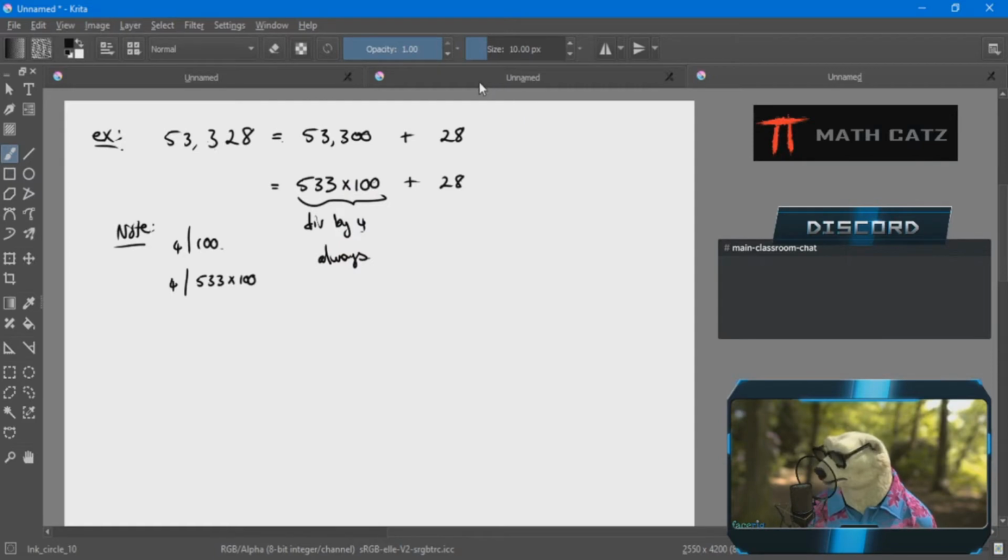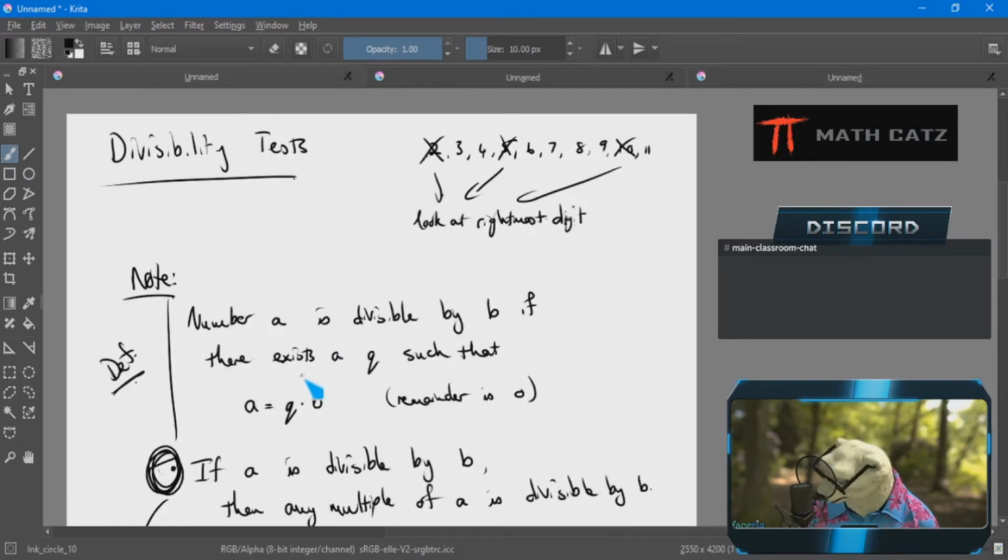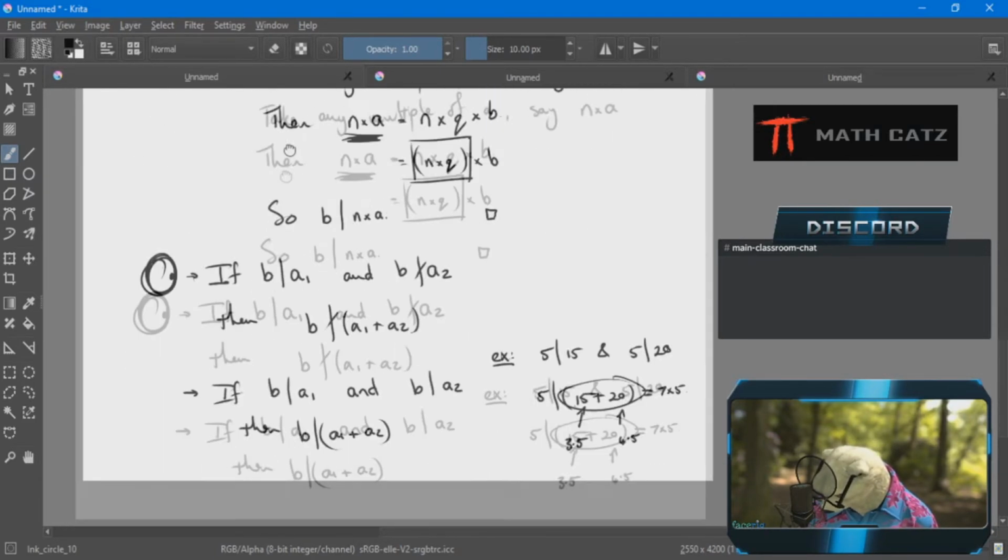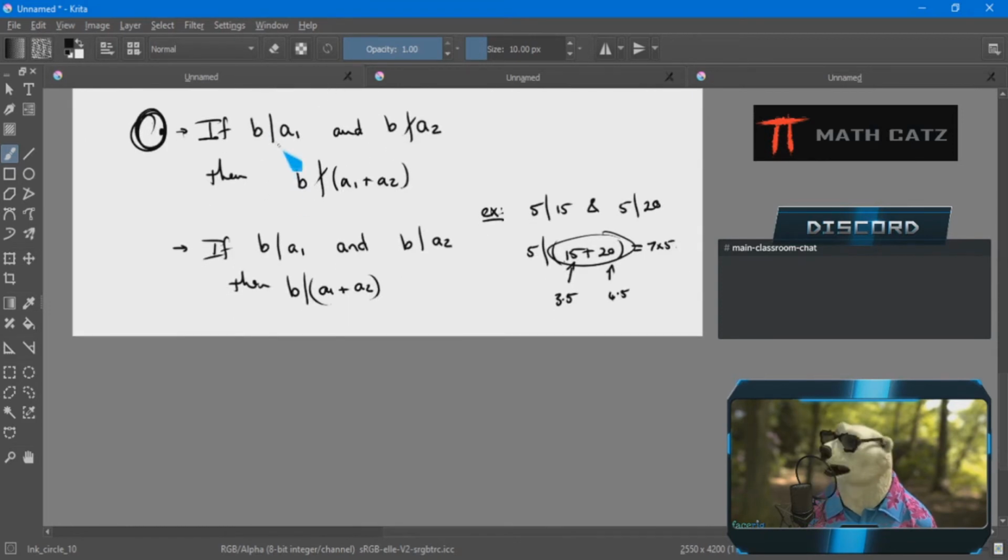So now I have a situation like the bottom property, where I have divisibility with my first number. When I add them up, the divisibility of that larger number is going to depend on whether I have divisibility for the second part.